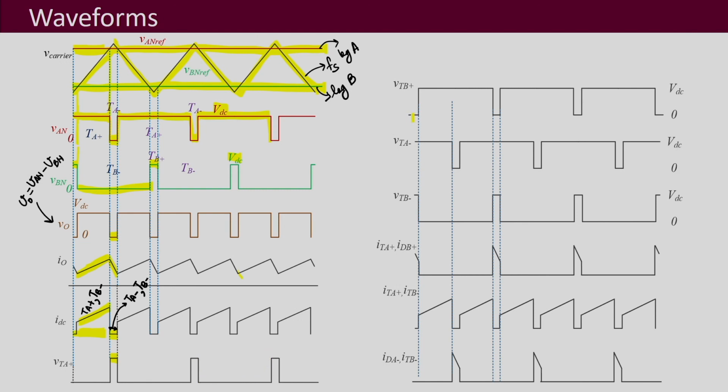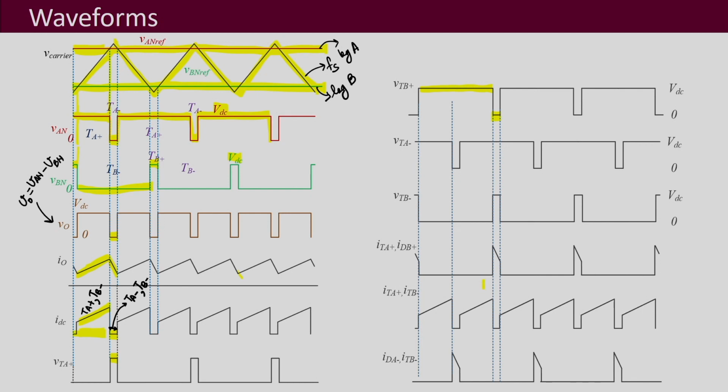Similarly for VTB plus, the voltage across switch TB plus, the upper switch of leg B, whenever it is off it is going to block VDC, and whenever it is on, assuming it to be ideal, the voltage is 0. Similarly, the voltages of the lower two switches, VTA minus and VTB minus, are also shown here.